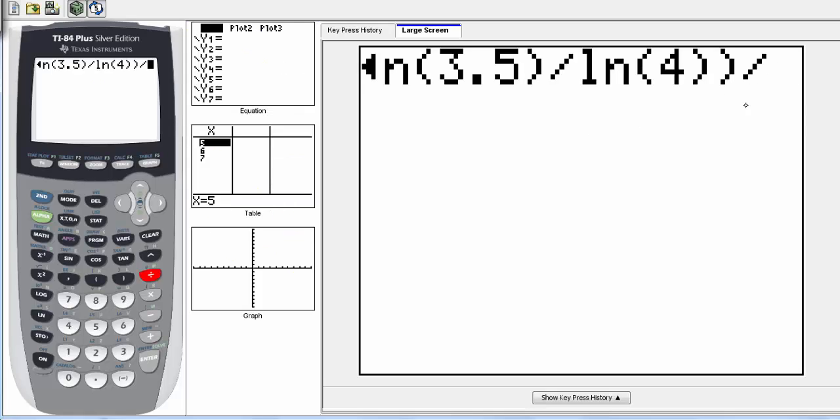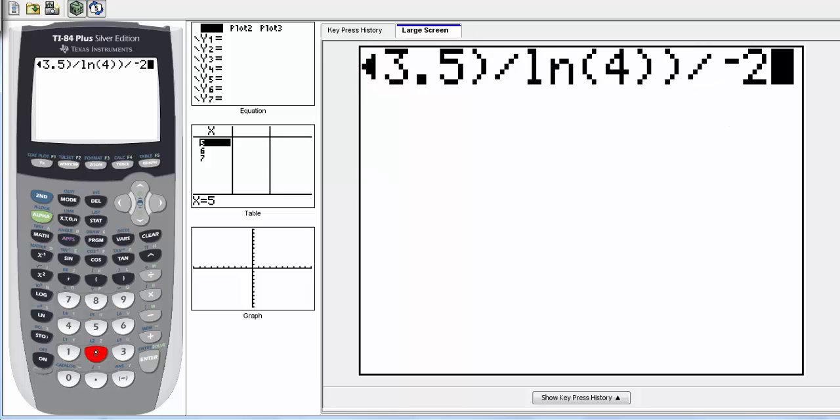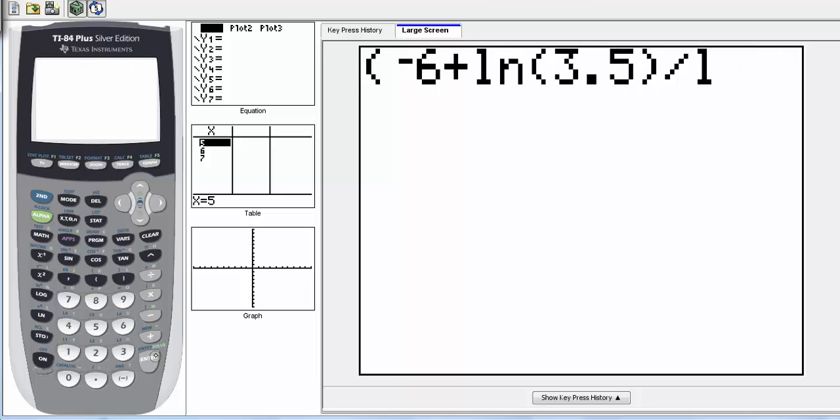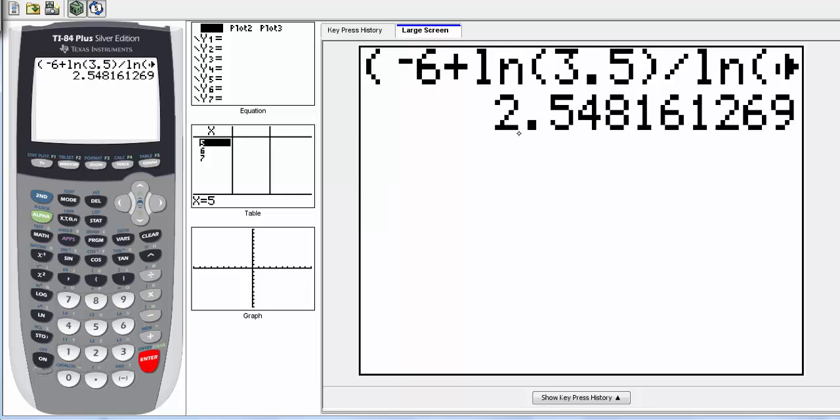Because we only have one term in the denominator, we can simply type in the negative 2; we don't necessarily have to put it in parentheses. If we hit enter, we get approximately 2.55 as our answer.